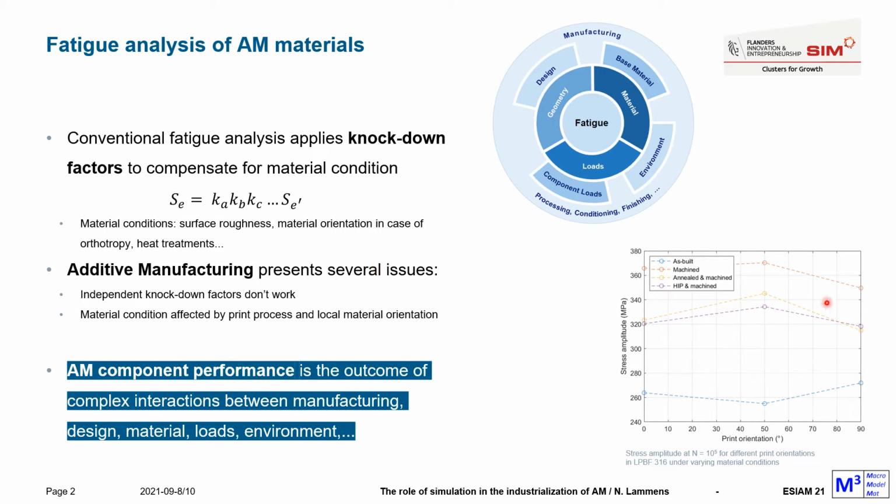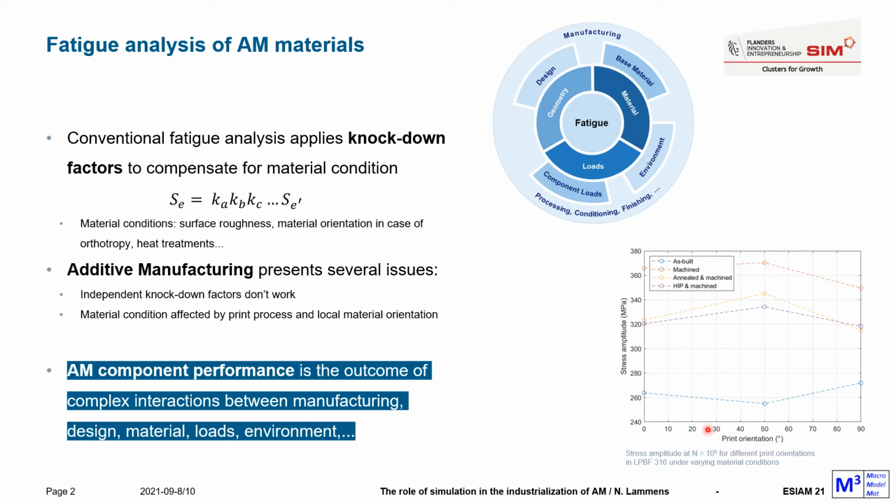For example, the picture on the right shows some fatigue data for an additive manufactured stainless steel. It shows a stress amplitude that will lead to a lifetime of 100,000 cycles, and how the print orientation of the coupon affects this stress amplitude.